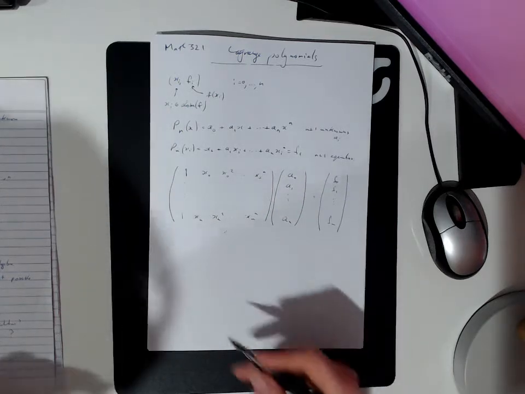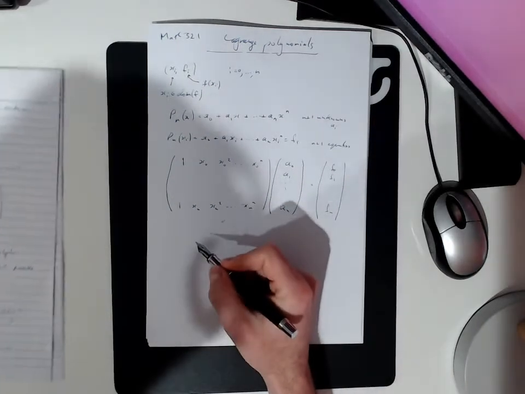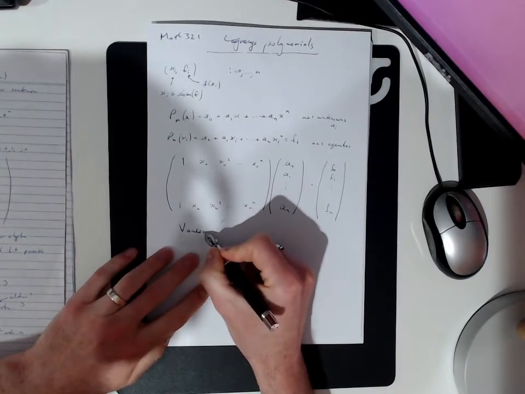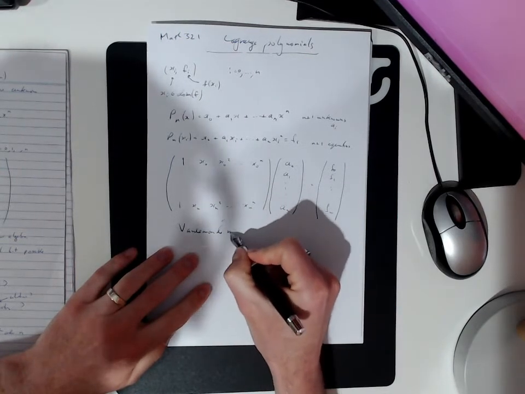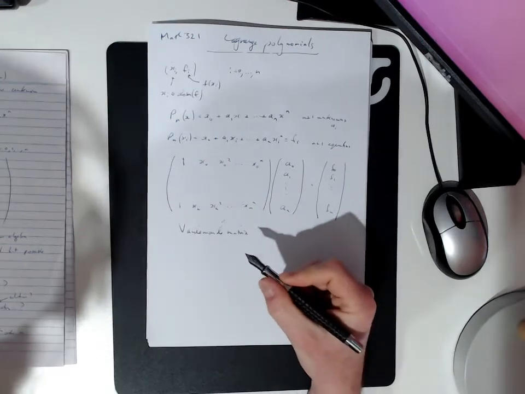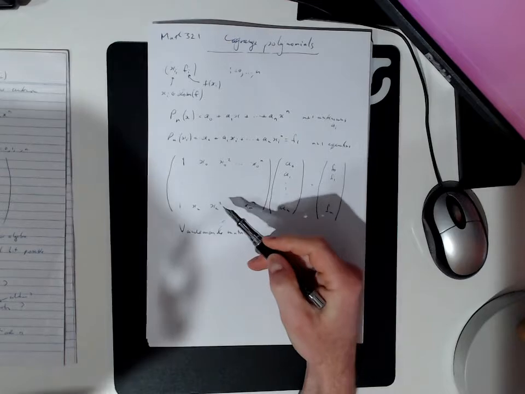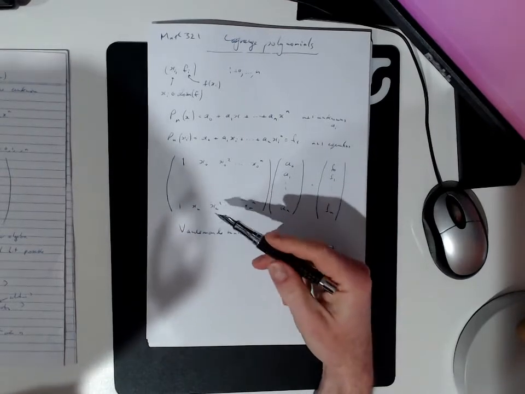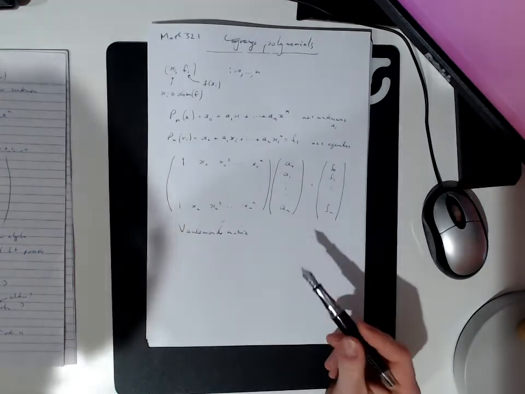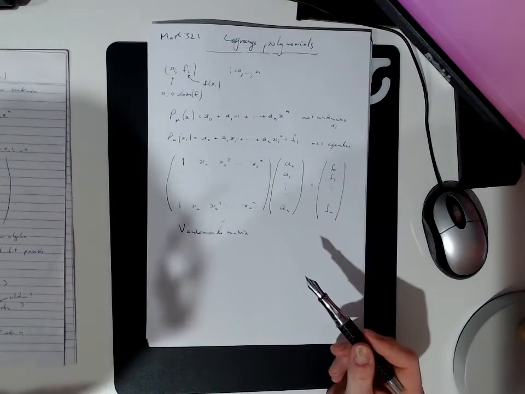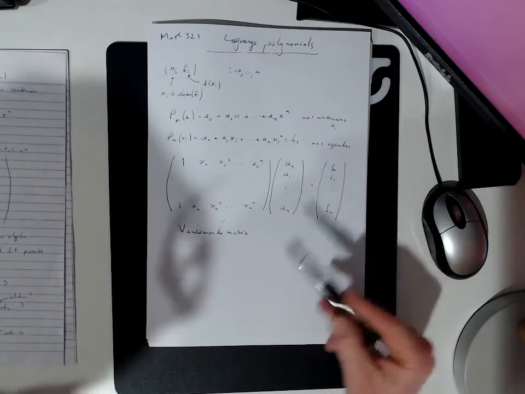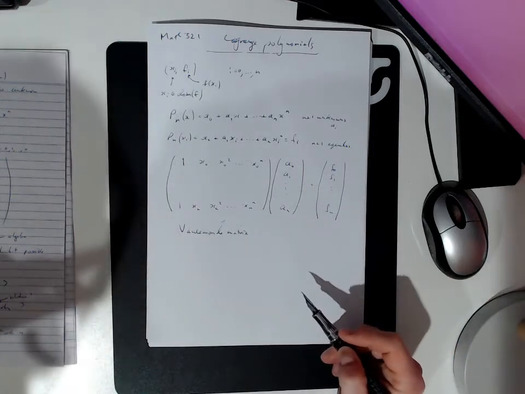There are some issues with this matrix which might crop up. This is called the Vandermonde matrix. Probably pronouncing that wrong. The conditioning of the matrix will depend on where you've sampled the function. And it is possible to choose sampling points in order to ensure that this matrix is well conditioned, and so it's easy to solve this.